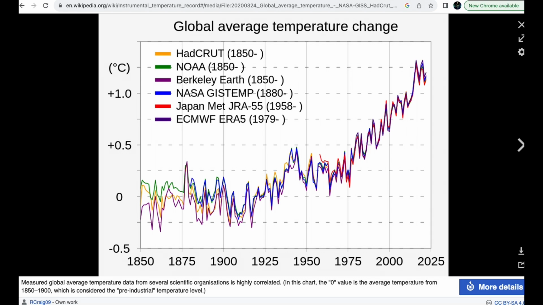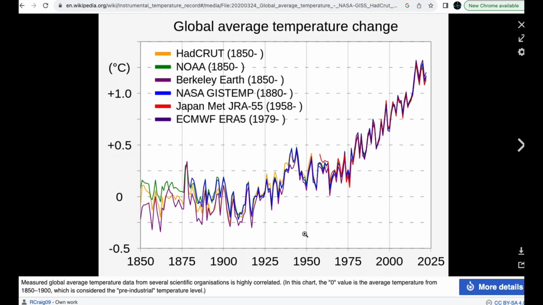And their results are strikingly similar. They disagree a little bit more about the distant past, but as it gets closer to present day, they have a little bit more confidence in what it was. And it's just interesting that all over the world, Japan, Berkeley, NASA, they're all coming to these same conclusions. So, you've got to give some respect to what they're saying, at least.